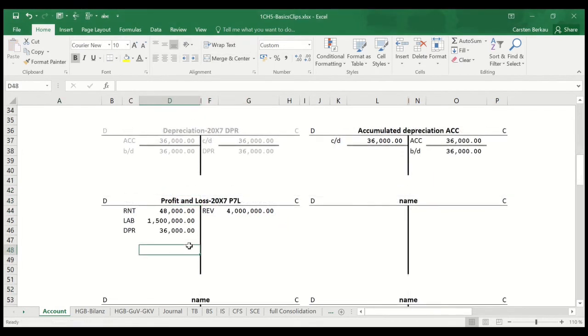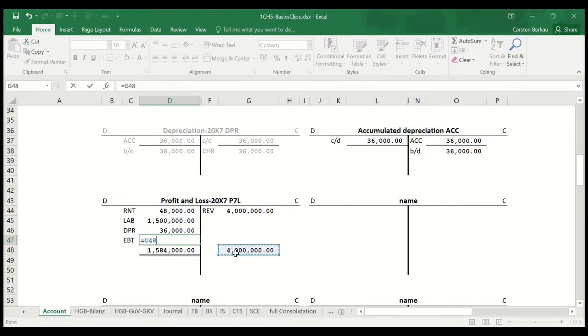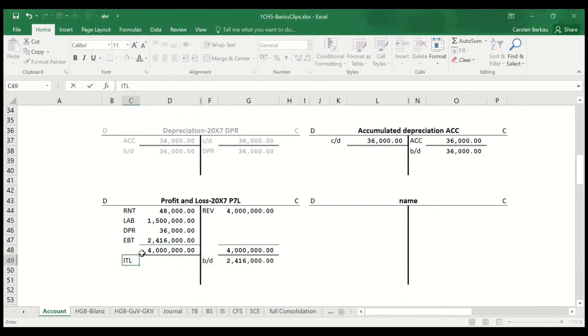Next, we calculate the pre-tax profit. Following the convention of our textbook, income tax expenses are amounting to 30% of the pre-tax profit.